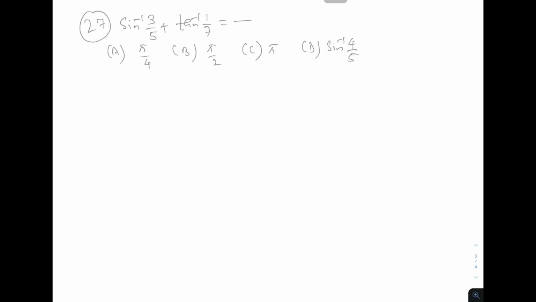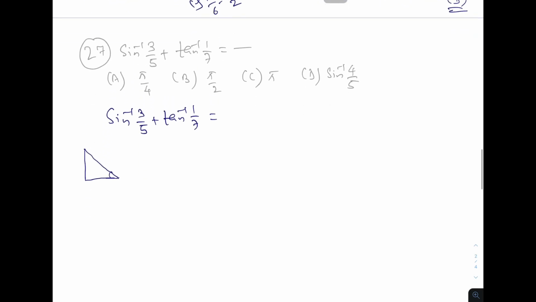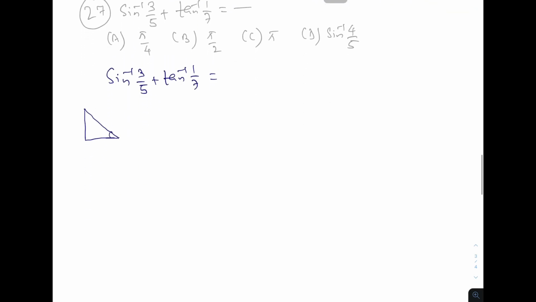So now let us see. Sine inverse 3 by 5 plus tan inverse 1 by 7. Now this is sine inverse 3 by 5. So we can have this as sine inverse angle and 3 by 5. So this is 3, 5 here, and so it is 4, Pythagorean triplet.